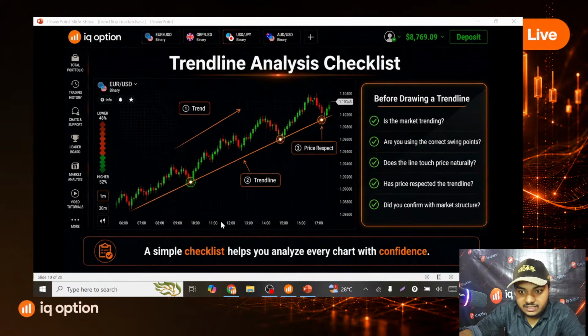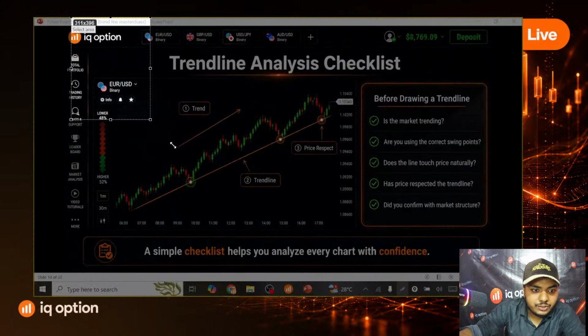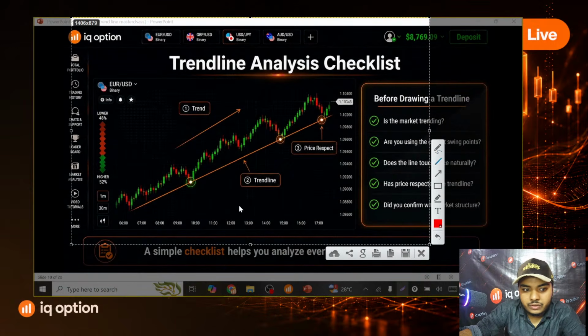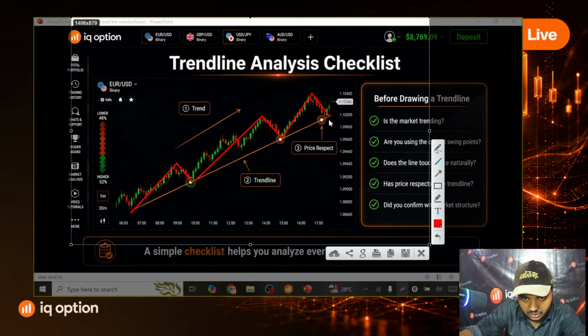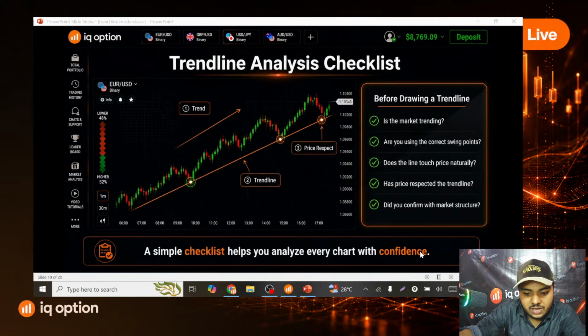The first thing is that the market is trending, and the second, you have identified the market swing points. Did you identify the swing points here, guys? Yes, we get the swing points here. From here to here, we get the swings here, again here, again here, and we get swings here also. And in an uptrend, connect higher lows. In a downtrend, connect lower highs.